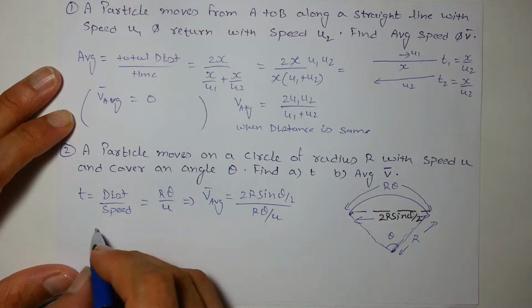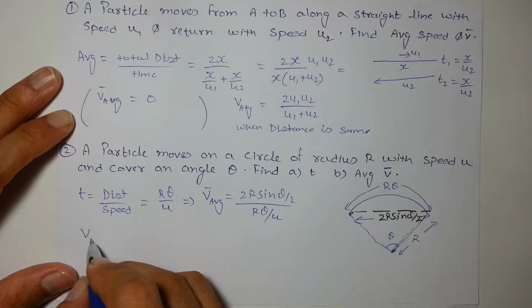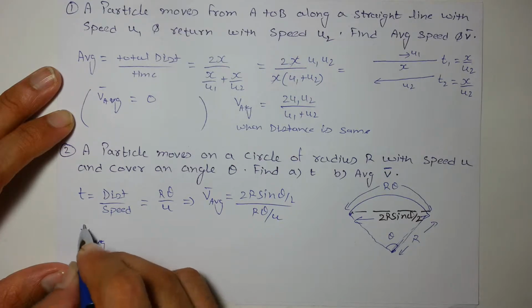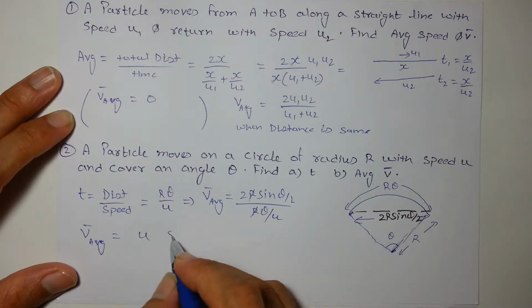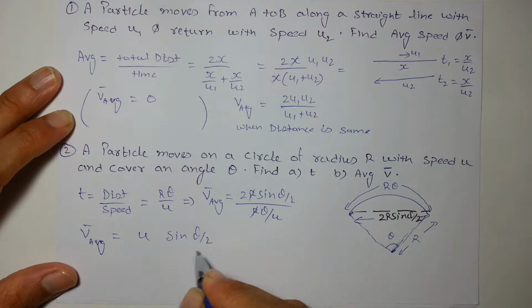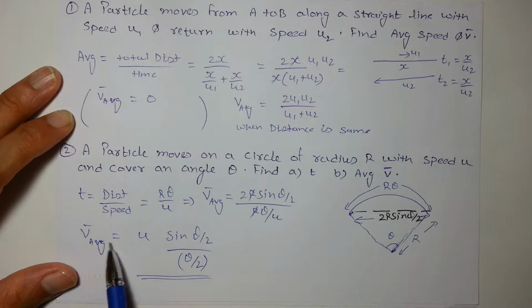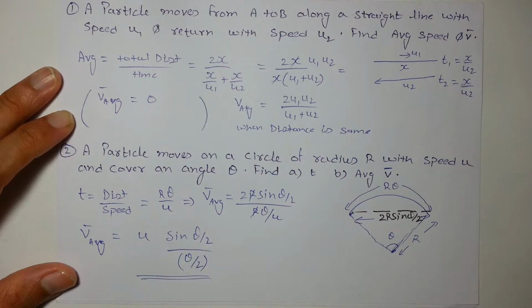On solving, we can easily get V average is equal to, r cancels, u remains, sin of theta by 2, and when we take this 2 down it will appear like theta by 2. Okay, very famous expression again. V average is u sin theta by 2 over theta by 2, and time is this.